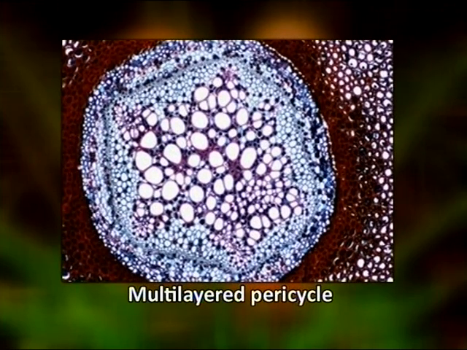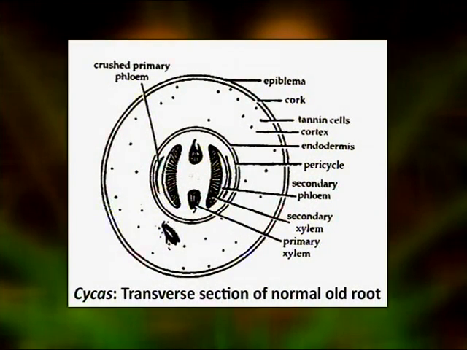Pericycle is multilayered and includes parenchymatous cells. Vascular tissue forms a central diarch stele. The xylem is exarch and tracheids of the protoxylem have spiral thickenings and those of the metaxylem scalariform thickenings. The pith is reduced or entirely lacking.